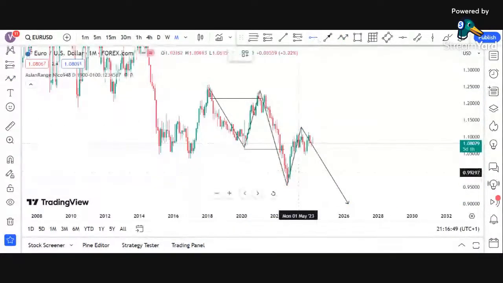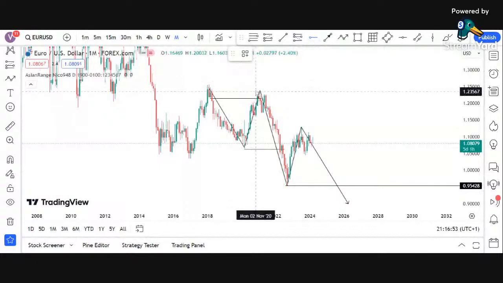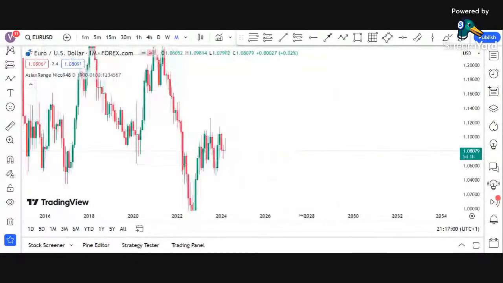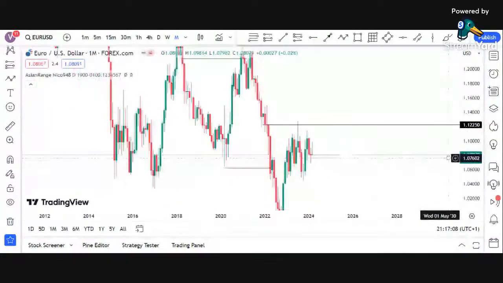So where is our range? These are our range. We have this, we have this, we have that. So our internal range liquidity, internal range institutional order reference point.